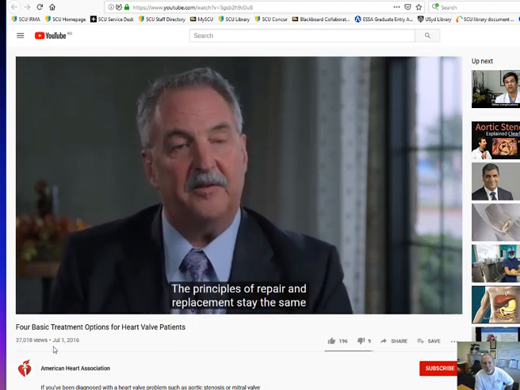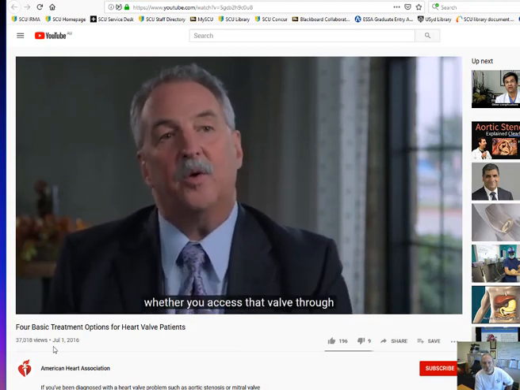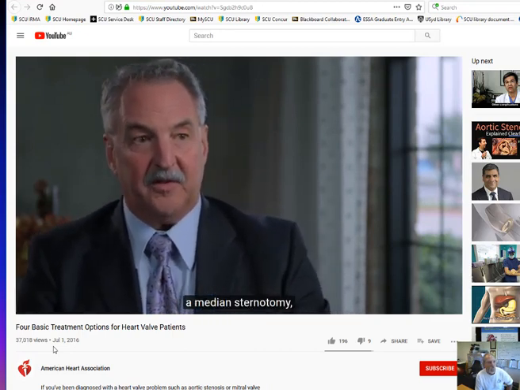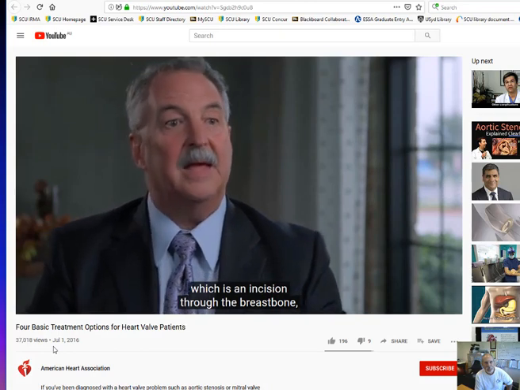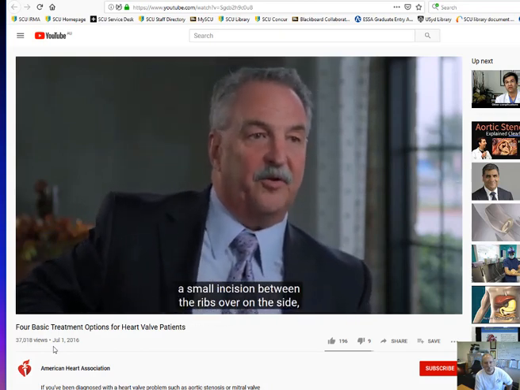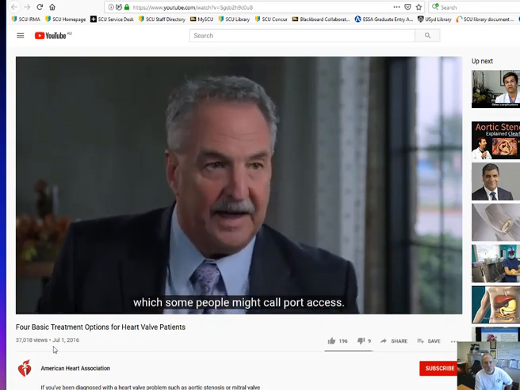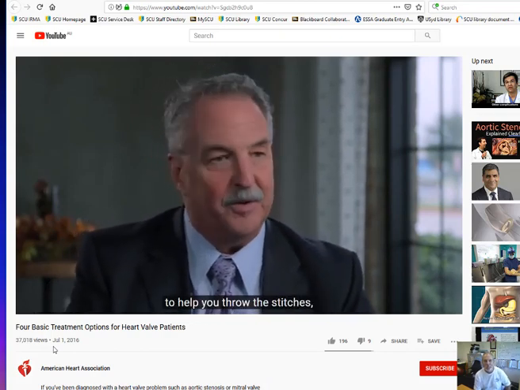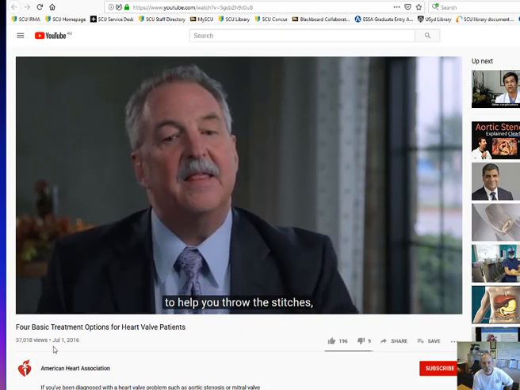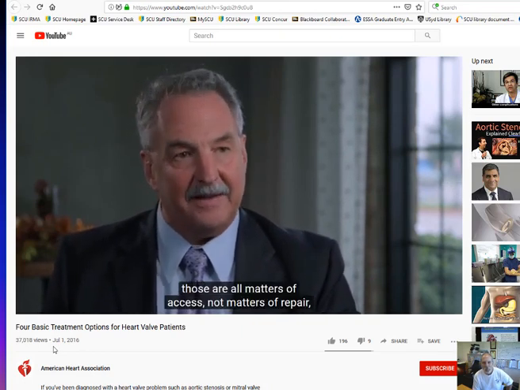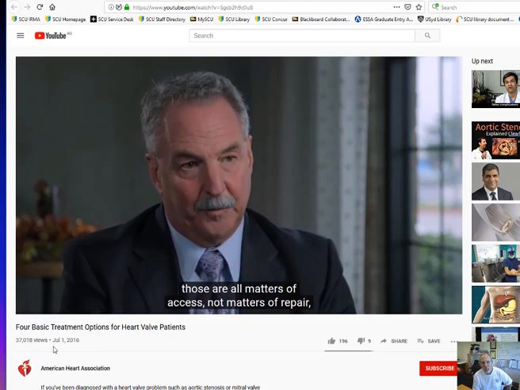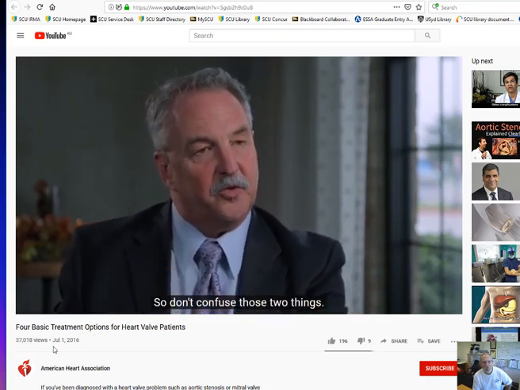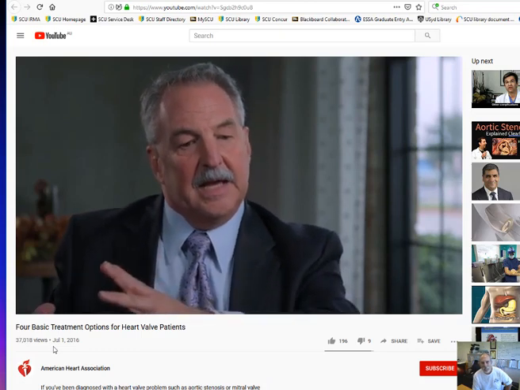The principles of repair and replacement stay the same, whether you access that valve through a median sternotomy, which is an incision through the breastbone, a small incision between the ribs over on the side, which some people might call port access, or whether you use port access and you use a robot to help you throw the stitches. Those are all matters of access, not matters of repair or replacement. So don't confuse those 2 things.